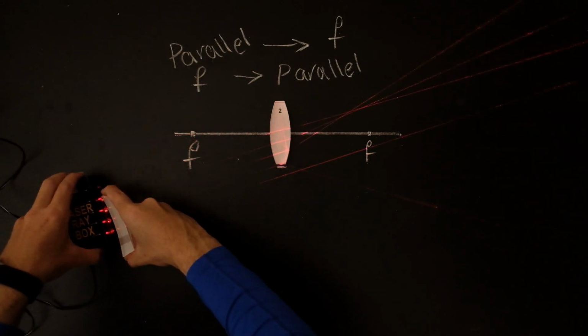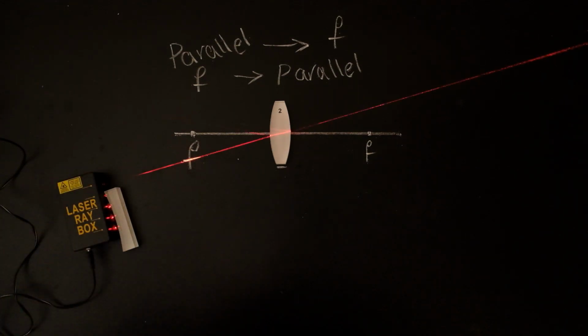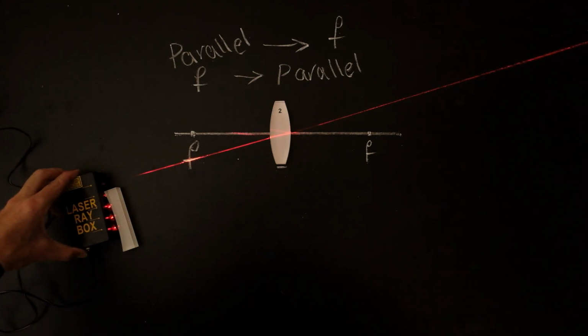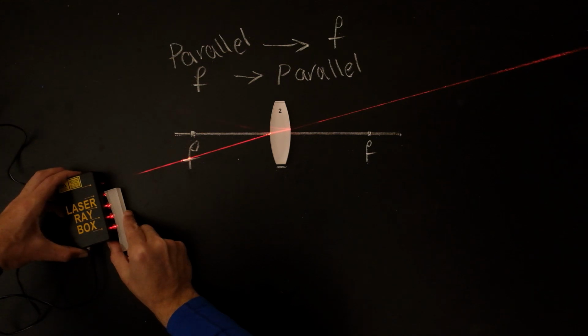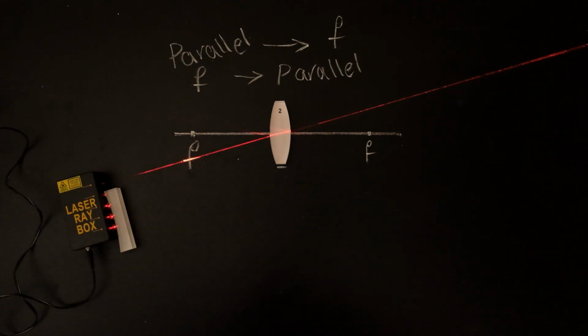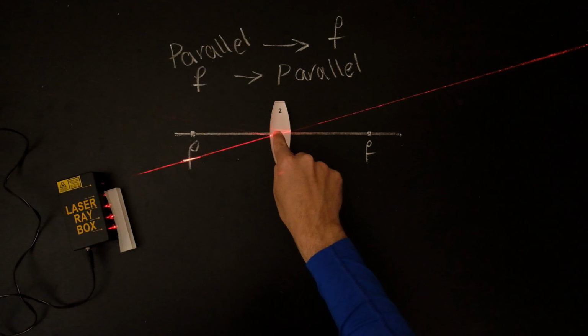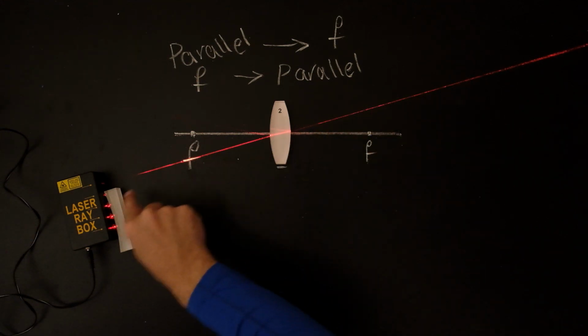and this one is kind of easy because this is center. If I can make it hit the center, that's the center. So in this case, this light ray hits the center, and you can see there is no change.